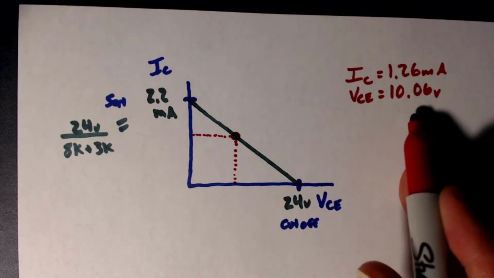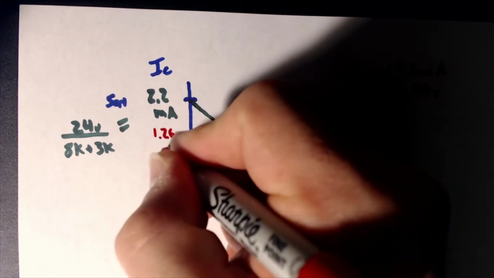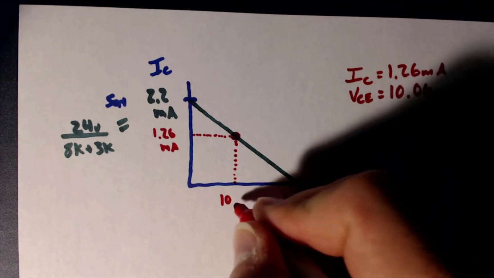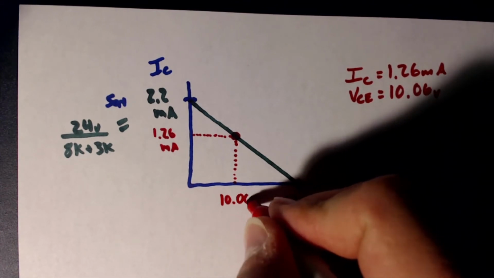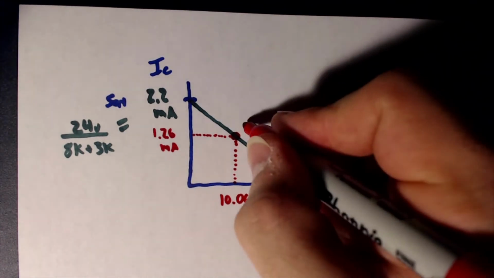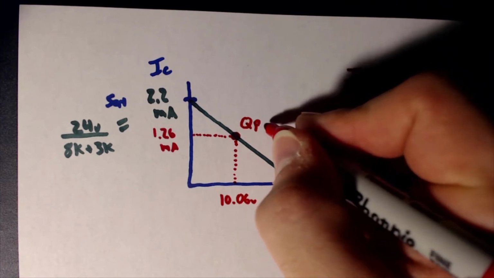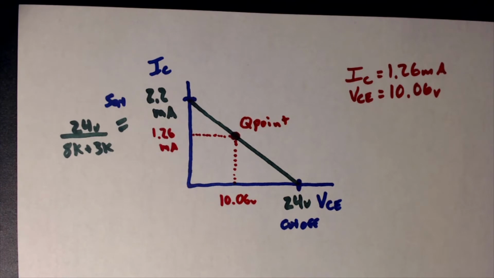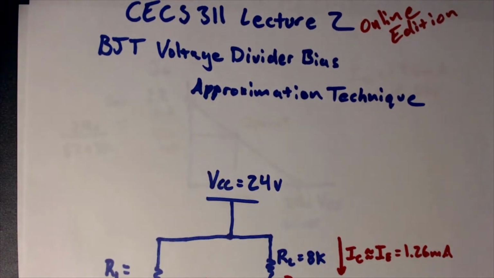Well, it is. It's 10.06. So 1.26 milliamps here and 10.06 volts there. And here's our Q point. Okay. So essentially that finishes up this problem.